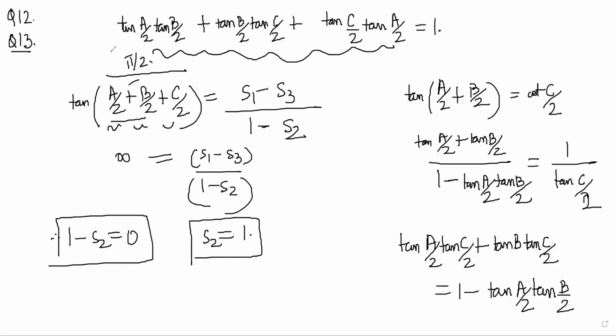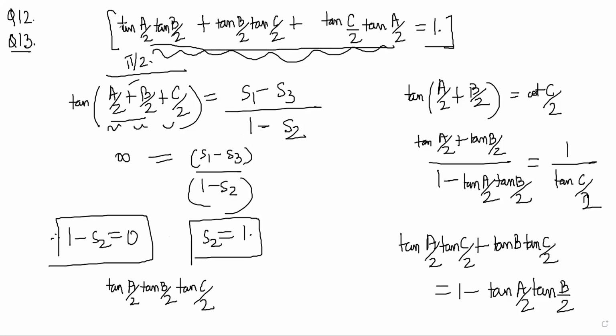So once you have proved question 12, question 13 is one step directly from question 12. Question 12, if you have done, then divide both sides by tan A by 2, tan B by 2, tan C by 2. Divide both LHS and RHS.